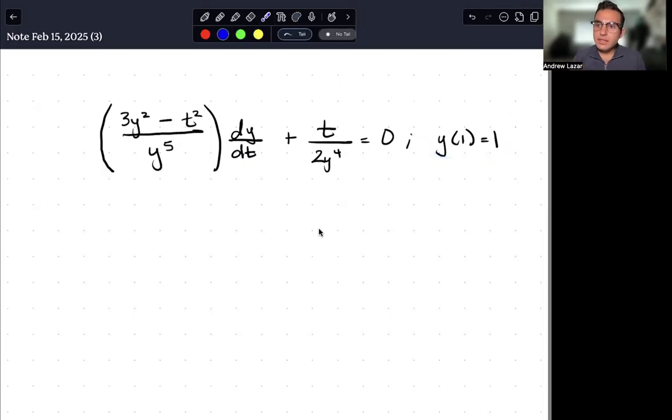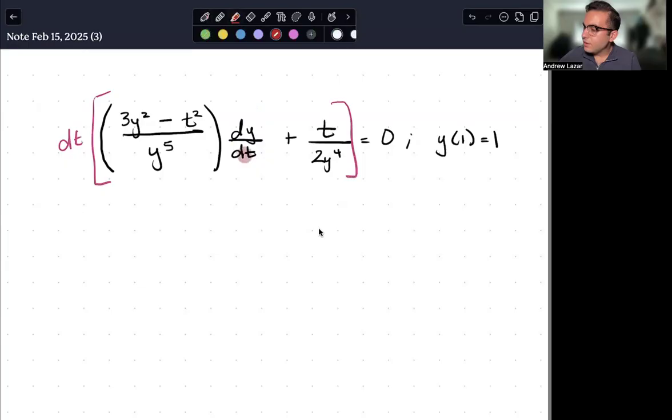I want to point out that this is not quite yet in the format for an exact differential equation because of this dy over dt factor right here. So what we're going to do to get it into our form is multiply through by dt in order to cancel out this dt factor.